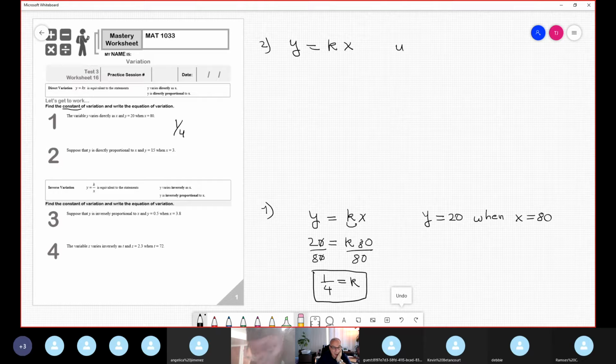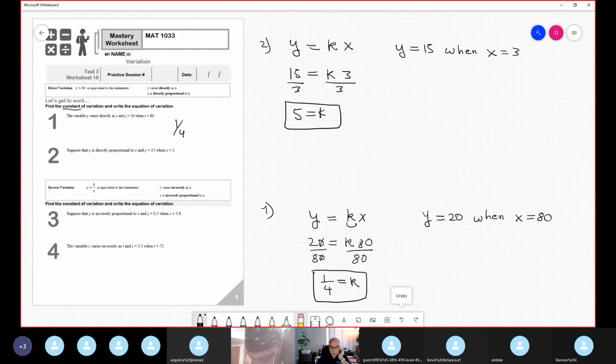When y is equal to 15 when x is 3. So you replace: 15 is equal to k multiplied by 3. Divide by 3 both sides. 15 divided by 3 is 5. K is 5. The answer for the constant of variation is 5 in this case. Everyone follow me? It's easy, eh?